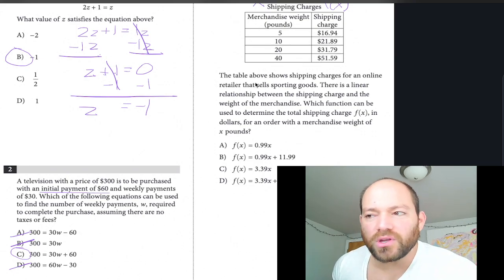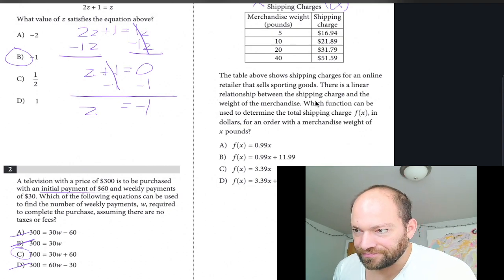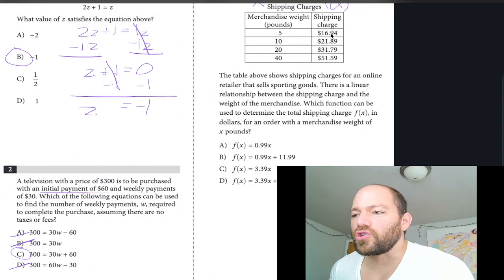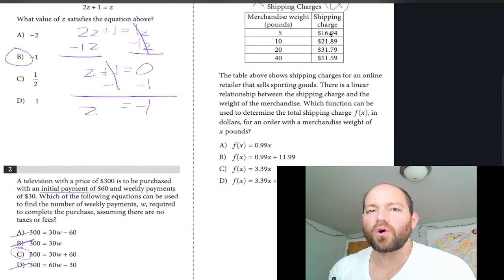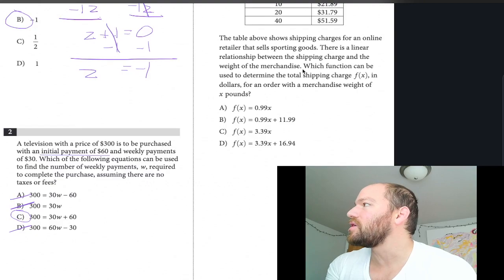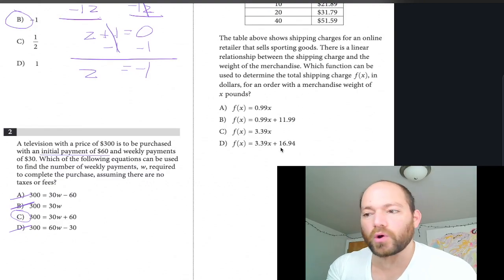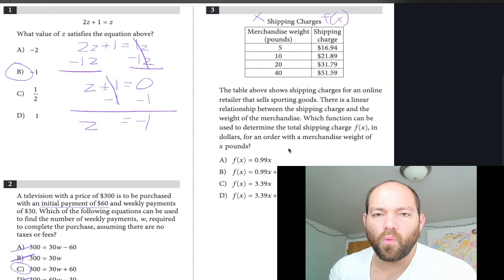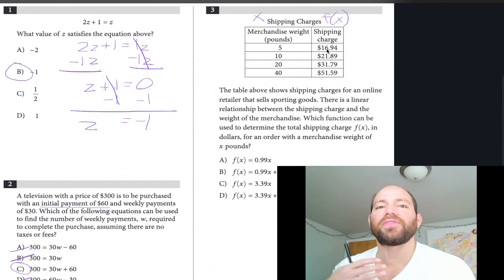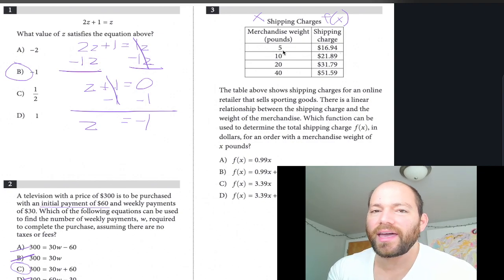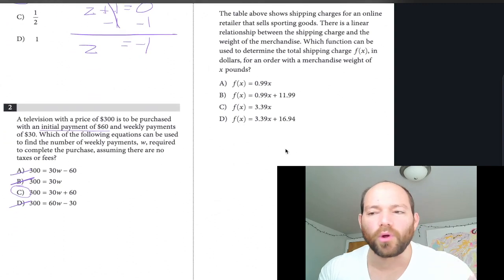What we're also not going to do is go to the first row and think, oh, 16.94 is the first thing they told us, so that means that's the y-intercept. So I should probably pick D over here, right? Because look, that's the one with that y-intercept. First of all, y-intercept doesn't just mean the first thing they told you. It means the thing when x is 0. X is not 0 over here. We're not going to be doing any of that.